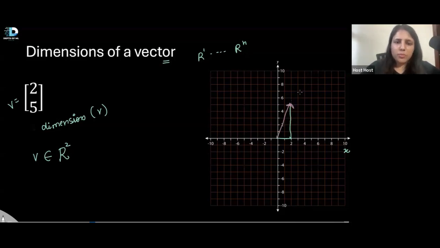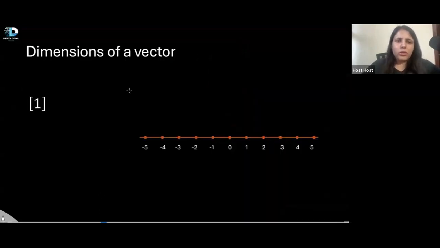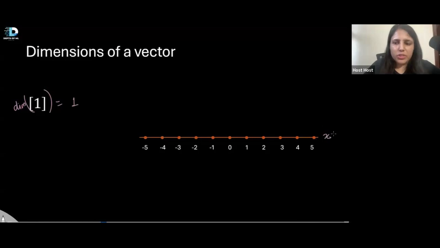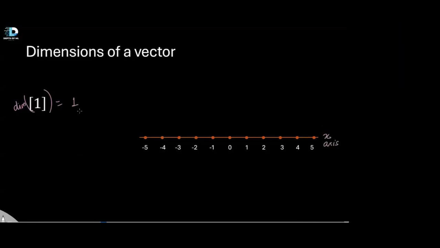Correct? So this is my vector 2, 5. Now, what is the dimension of this vector? Anybody can unmute and tell me? 1 dimension, because there's only one axis, which is the x-axis that we are using to represent it, right?